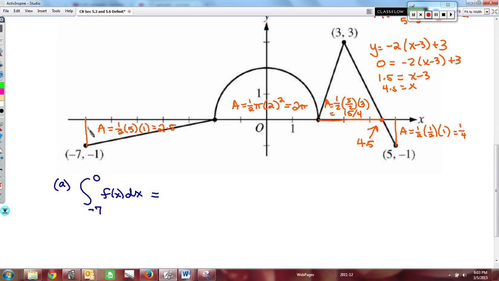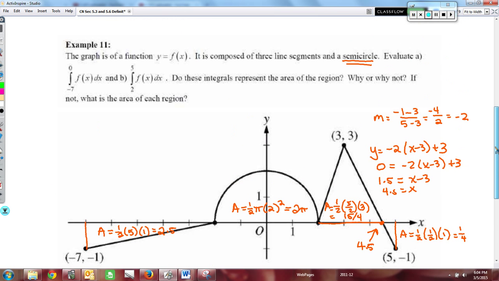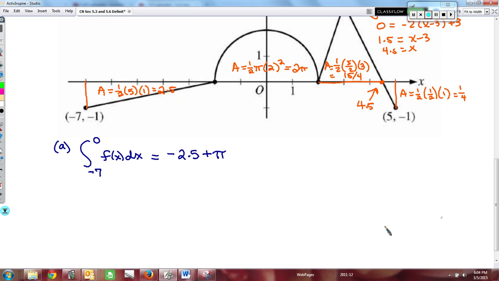So we know that we're going to lose area first. So we're going to lose the 2.5 area. And then we're going to gain 1/4 of the area that we have here. So we would gain the pi. So then we're done. We have our answer. If I look at the second part, it's asking me to calculate 2 to 5.